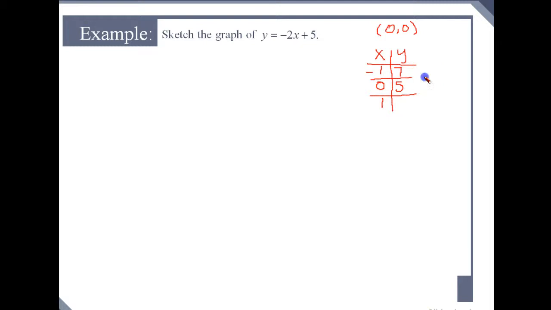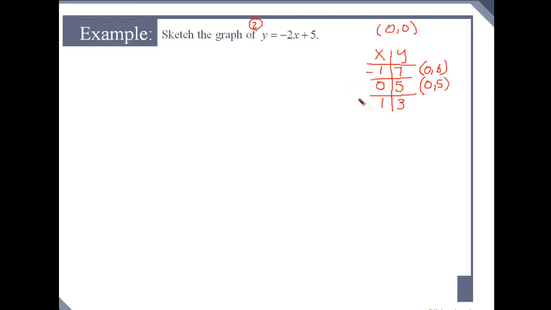Now you'll notice this is our y-intercept here, where the 5 is in a sense the letter b that we just mentioned. And by the way, this was Formula 2. This is in slope-intercept form. And if x is 1, -2 times 1 makes it a -2, and +5 gives me a 3.